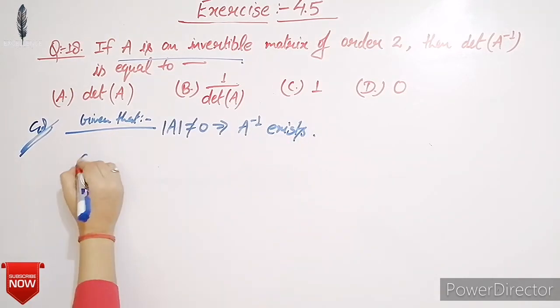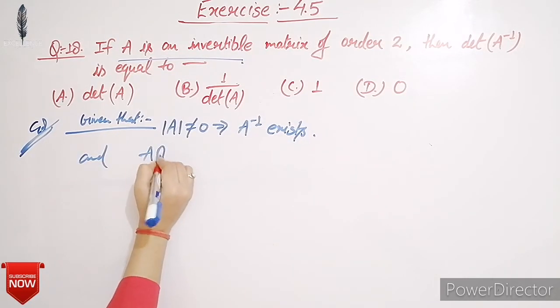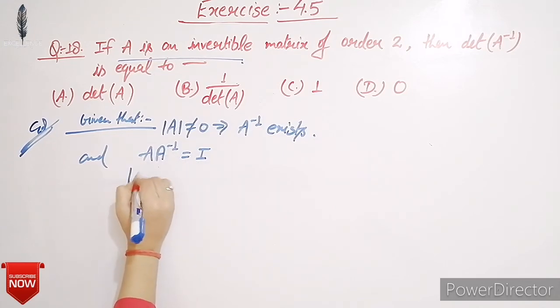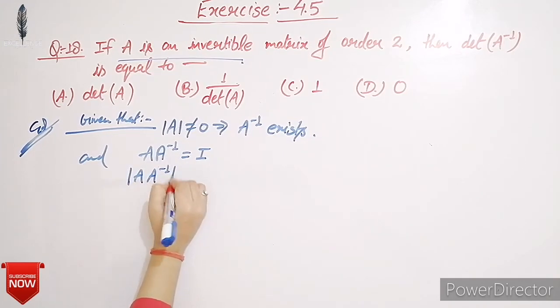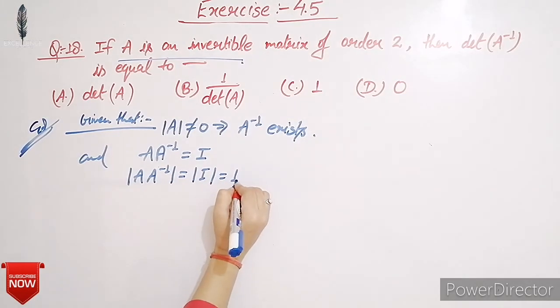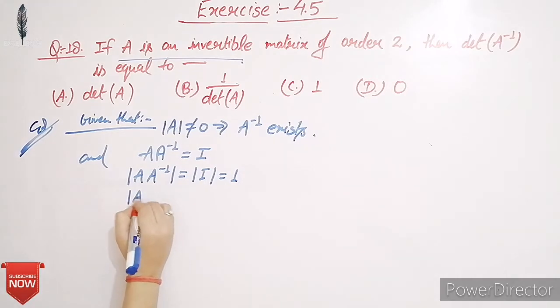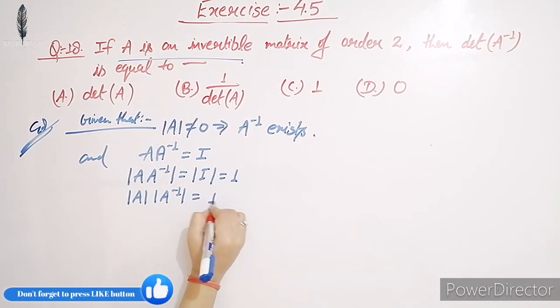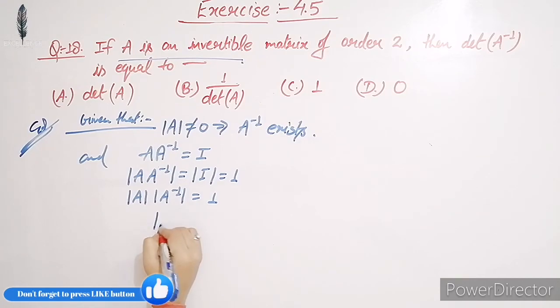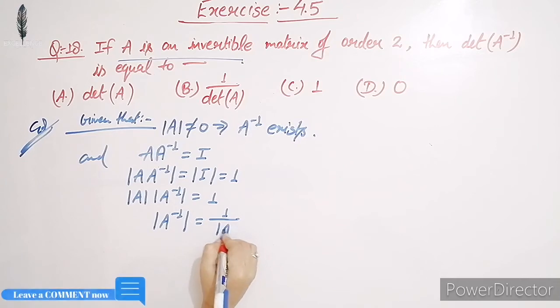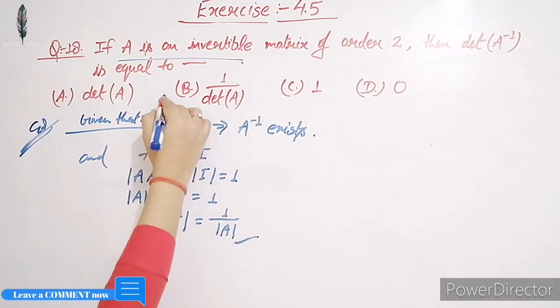And since A is an invertible matrix, A A inverse is equal to I. So determinant of A A inverse is equal to determinant of I, that is equal to 1. It can be written as determinant of A into determinant of A inverse is equal to 1. That gives determinant of A inverse is equal to 1 by determinant of A. So clearly option B is the right answer here.